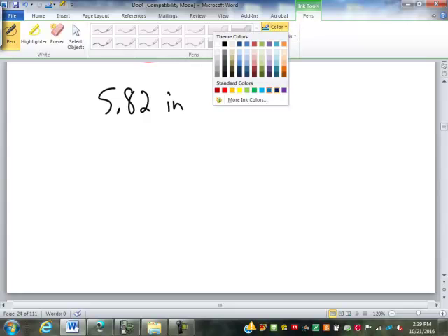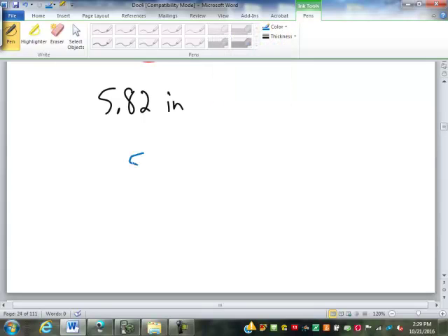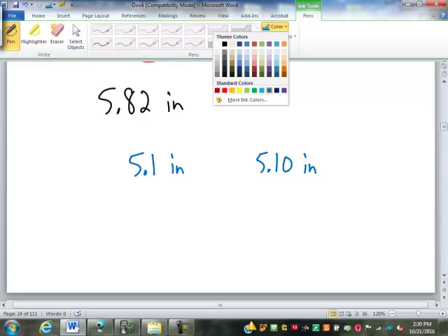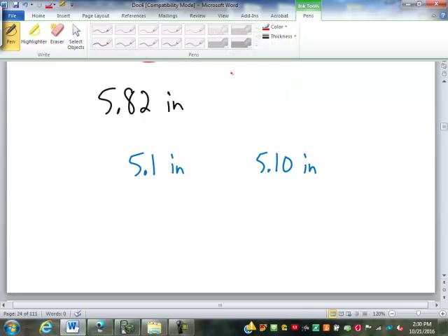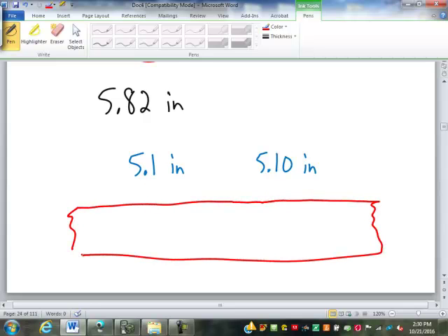The way I'm going to describe this is using this. If I have 5.1 inch or 5.10 inch, is there a difference between those two measurements? Well, numerically, there is no difference between 5.1 and 5.10, is there? They are exactly equal in value. But when we're talking about measurements, there is an implied difference. 5.1 inches, that is implying that I measured this on a measuring device.